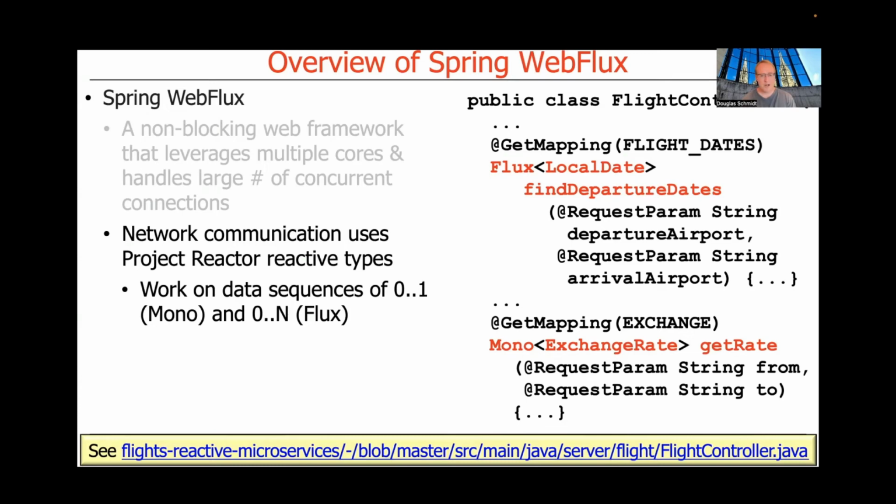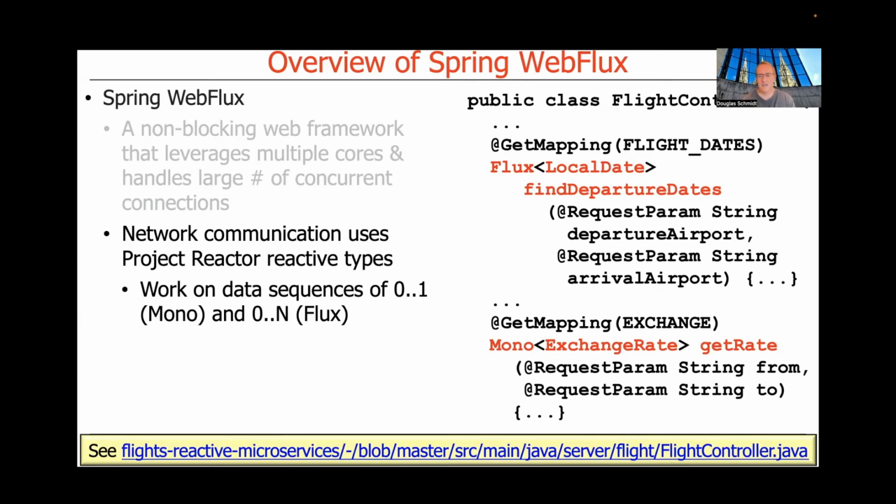There's also a similar concept called a mono, which is a little bit like a Java CompletableFuture, where you get a result back, and then you can basically wait for the result to emit when the data is available. But in this case, there's only either success or failure. You either have data or you don't.